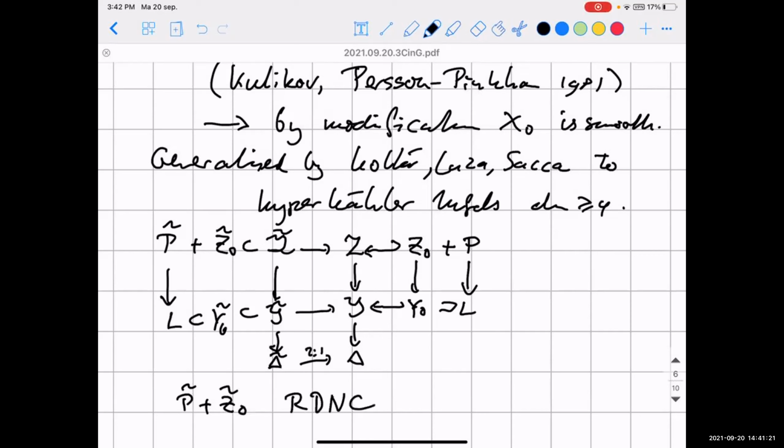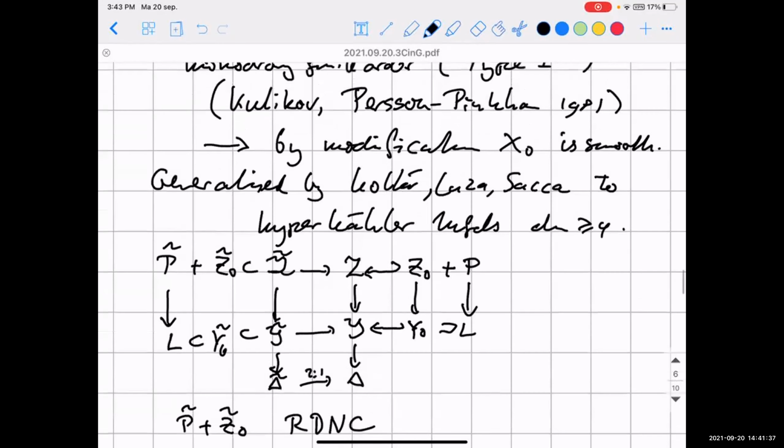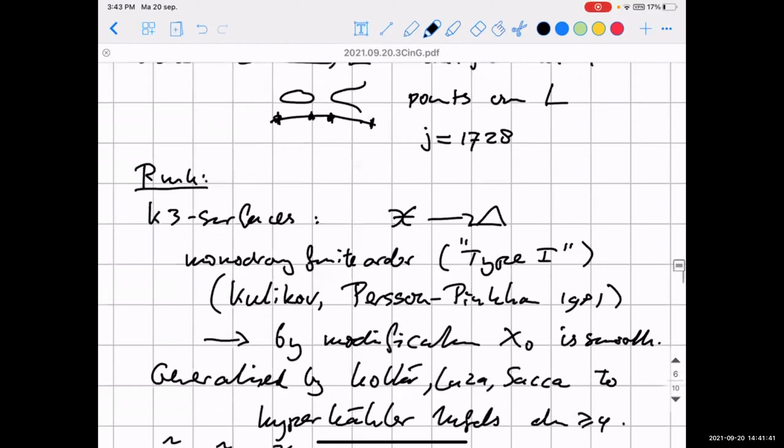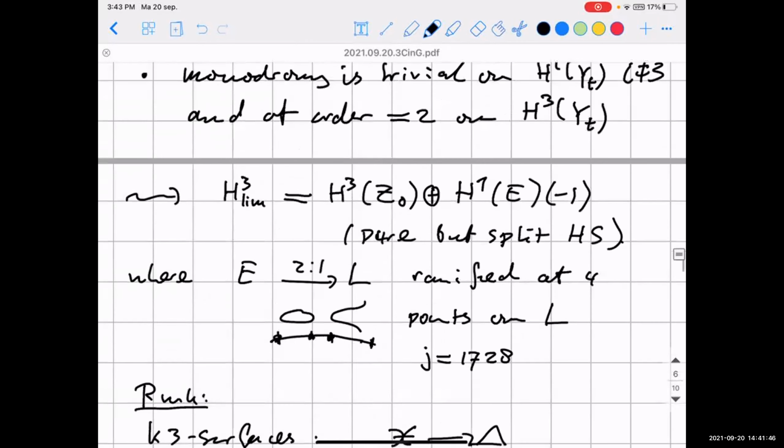Here, of course, the multiplicity of the divisor P is 2, but by taking a quadratic pullback, these two components intersect, and the second component takes half of the cohomology. This carries the cohomology of this E, this elliptic curve, and the other component carries the 3 form.